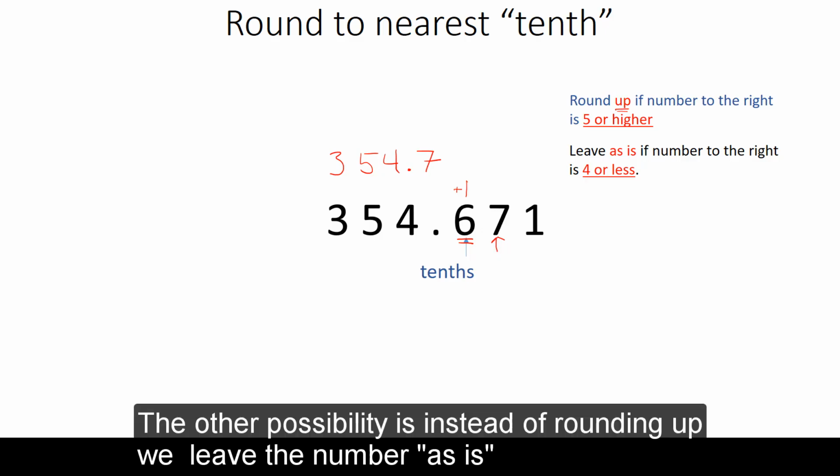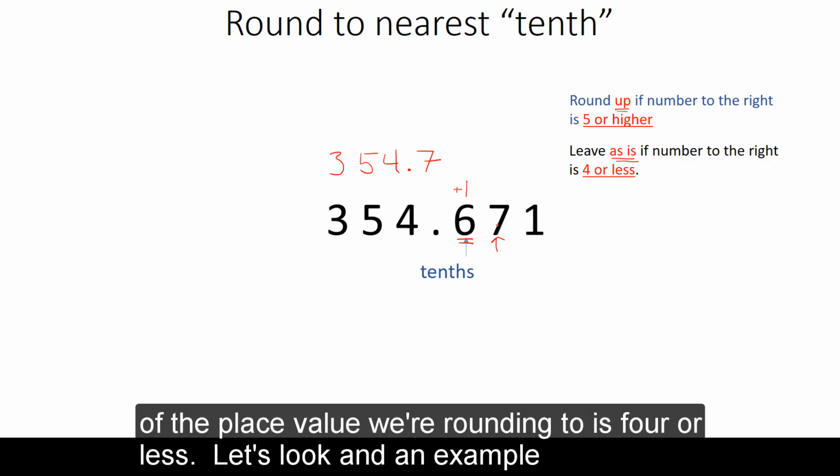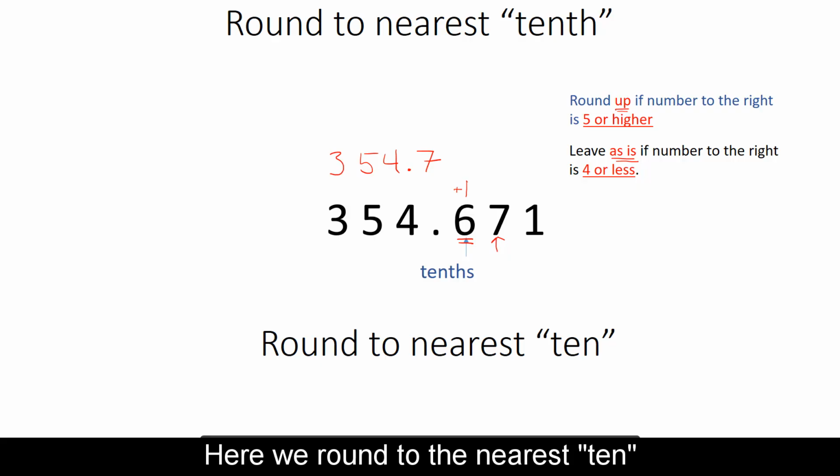Now the other possibility is, instead of rounding this up, we're going to leave the number as is. And we do that if the number to the right of the place value we are rounding to is 4 or less. So let's look at an example of that. So here they want us to round to the nearest 10.